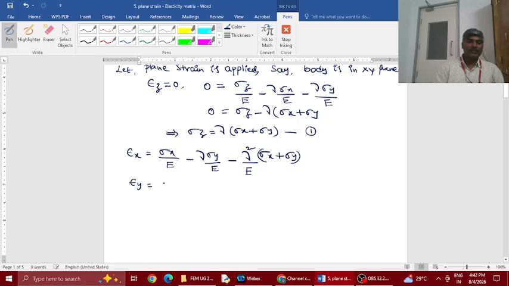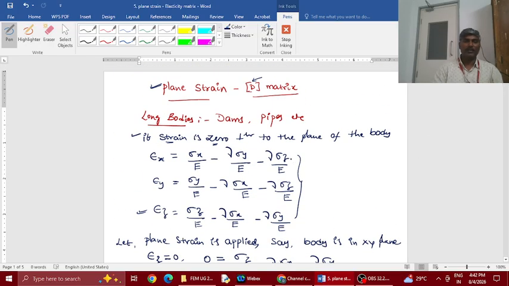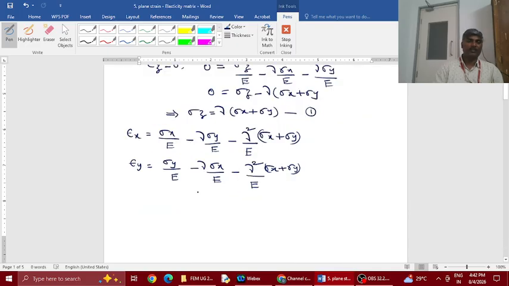Then in place of epsilon y, sigma y by E minus nu sigma x by E minus nu by E into sigma z, I'm going to replace with nu into sigma x plus sigma y. This is what the first two expressions become, where I have replaced sigma z. Let us simplify further.